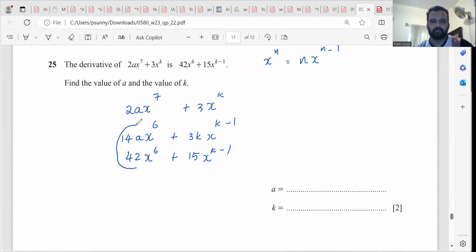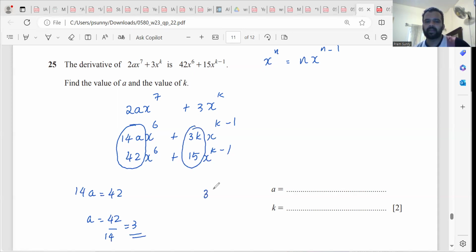You compare them. 14a is equal to 42. So a will be 42 divided by 14, which is equal to 3. And when we compare this, we'll get 3k is equal to 15. Therefore, k is equal to 15 divided by 3, that is 5. So a is equal to 3, k is equal to 5.